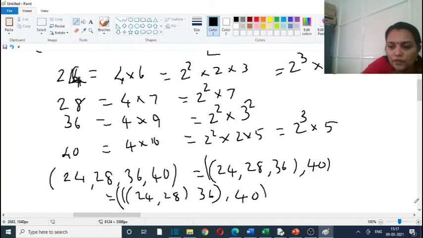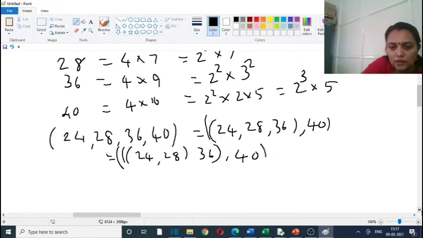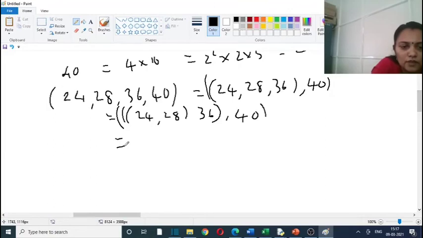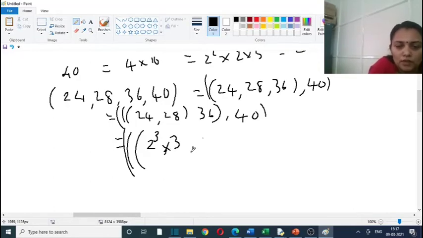So GCD of 24 and 28: 24 is 2 cube into 3, 28 is 2 square into 7.